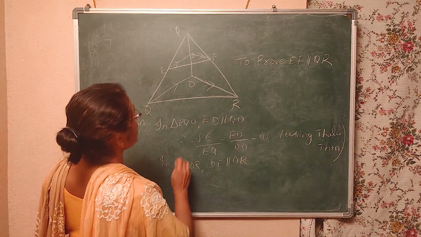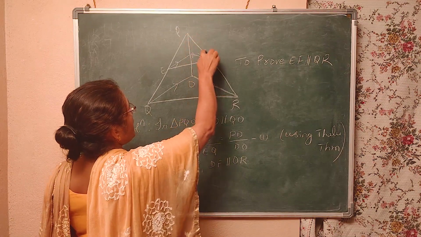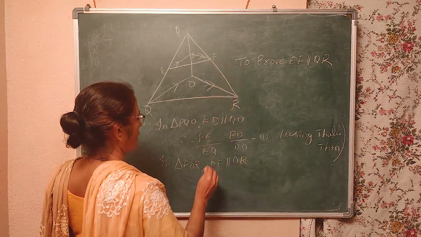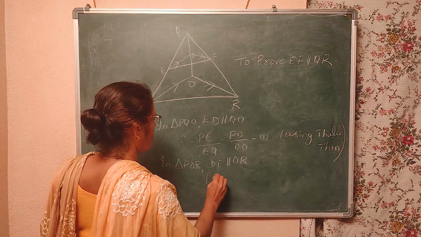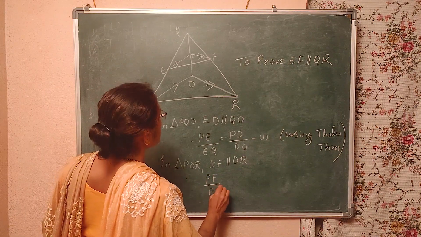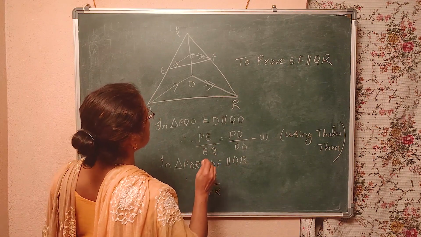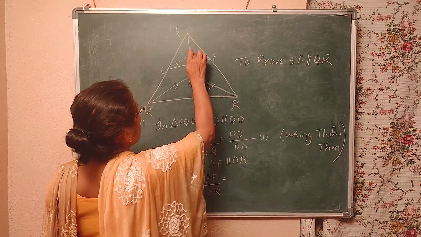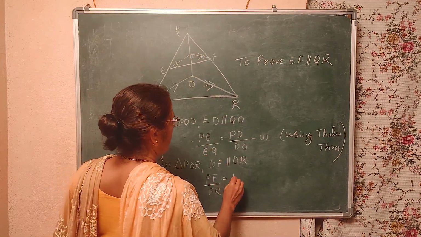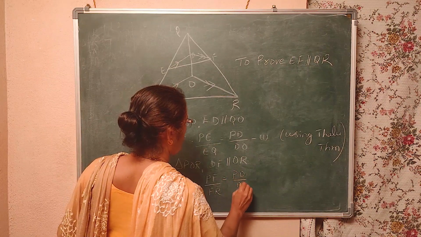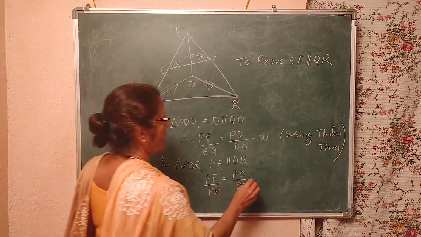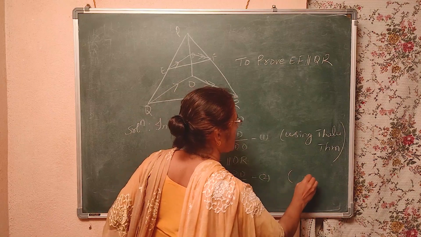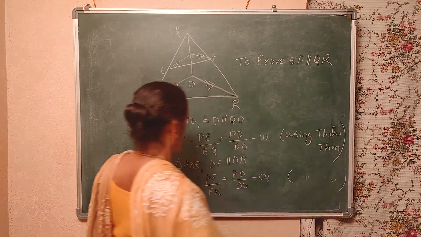Therefore, what do you have to write down? PF by FR is equal to PD by DO. Now, call it as 2 by the same theorem, using basic proportional theorem.